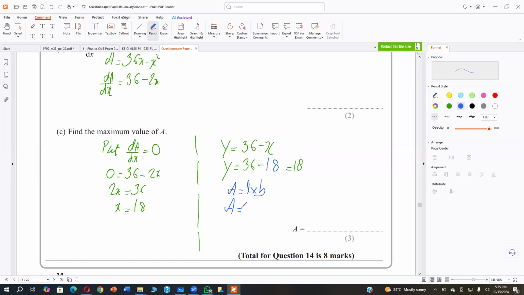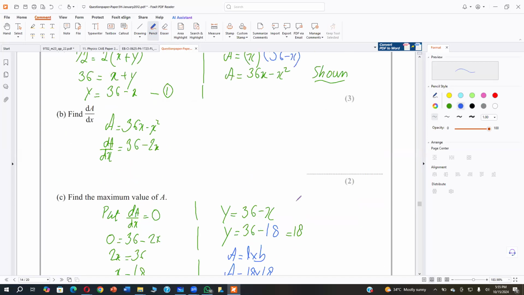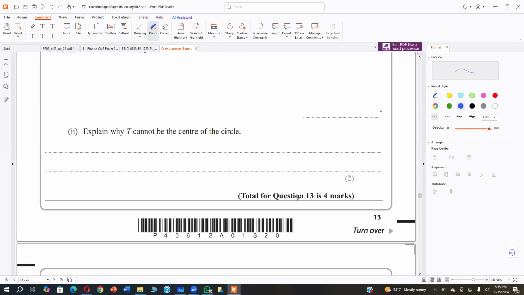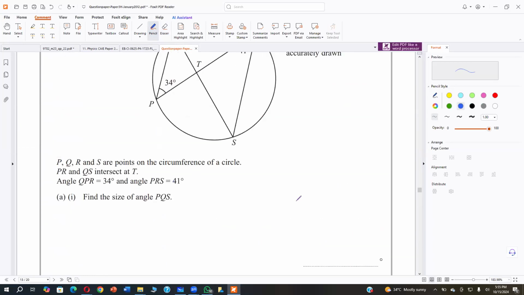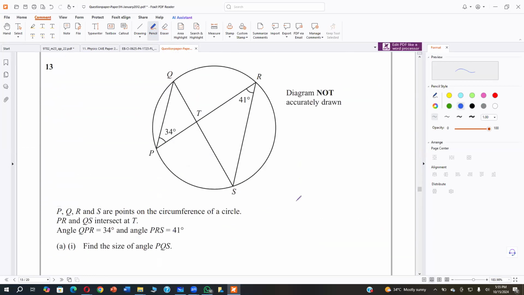I did 18 squared, which is 324. 304. 324. Okay. 13.